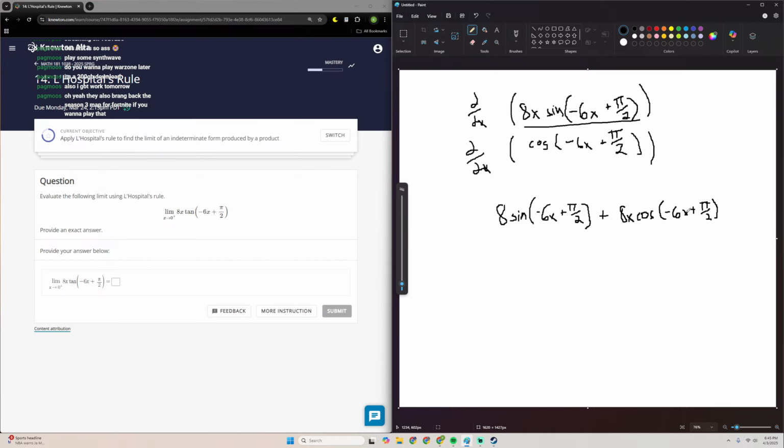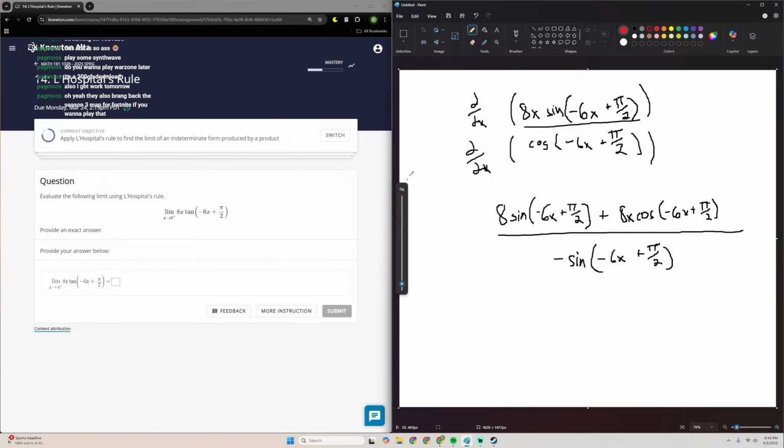Divided by sine negative 6x. No, whoops. This is gonna be negative sine, negative sine 6x, negative 6x, pi over 2.